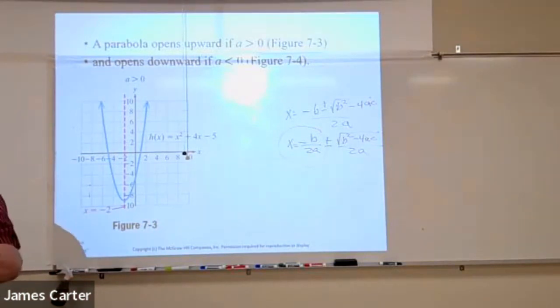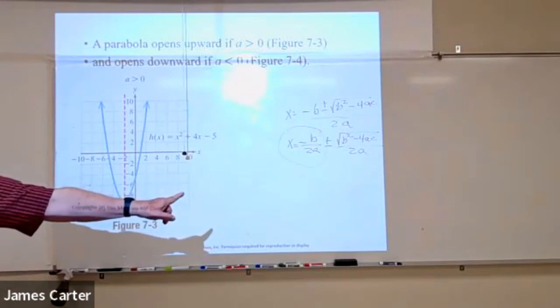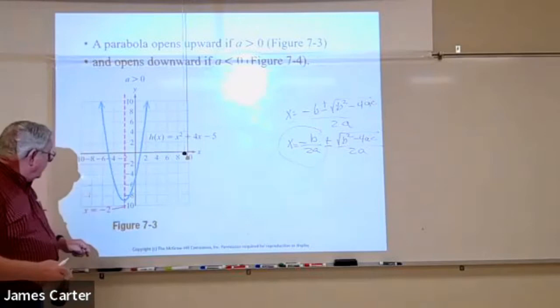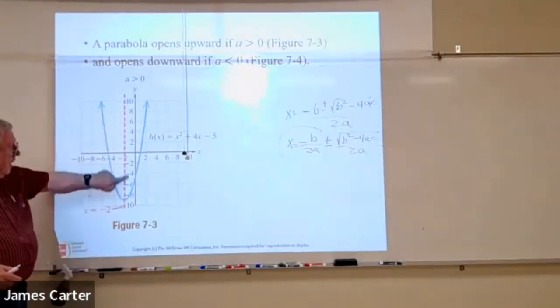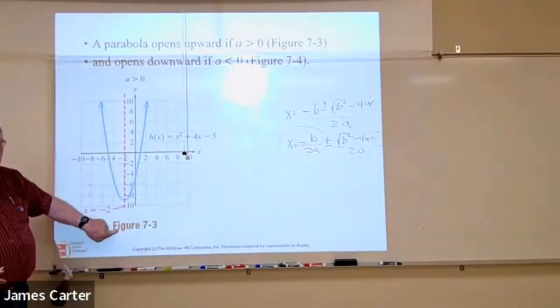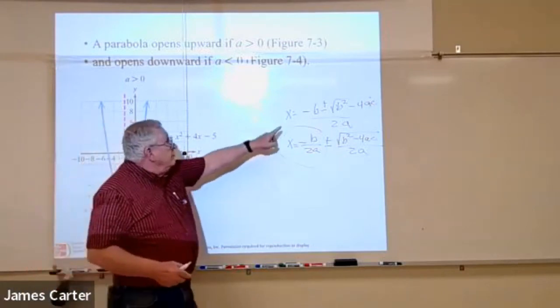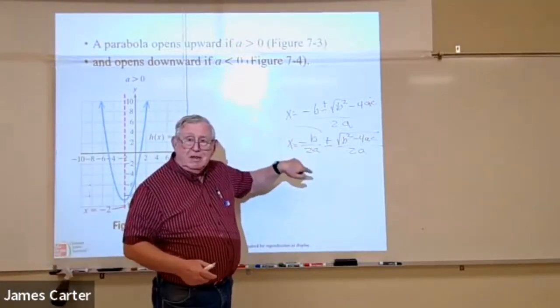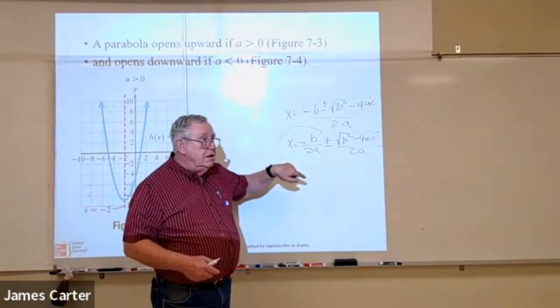And I bet you've never heard that before. And I bet you probably won't hear it again, because not very many people tell you that. But it is. Now, the reason that I say that is to find this line of symmetry. If you know the quadratic formula, you know how to get the line of symmetry.